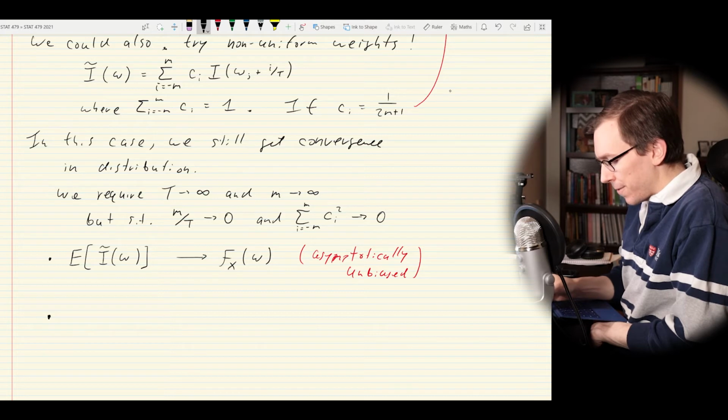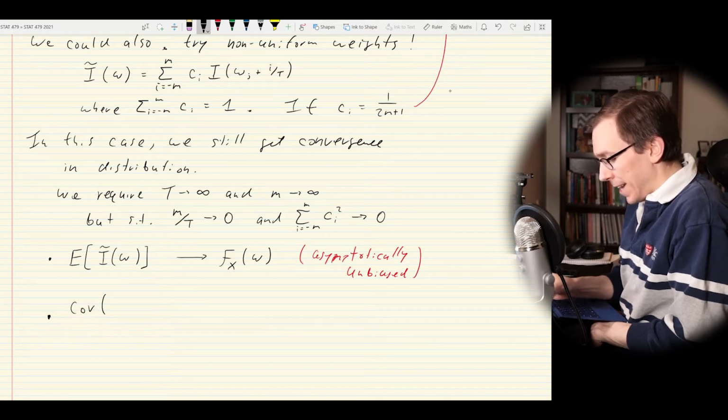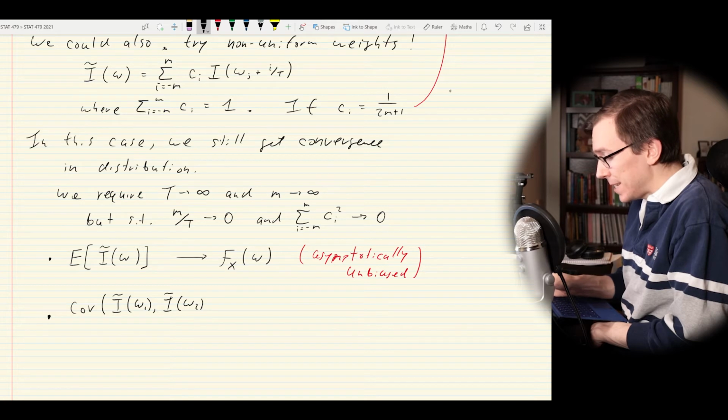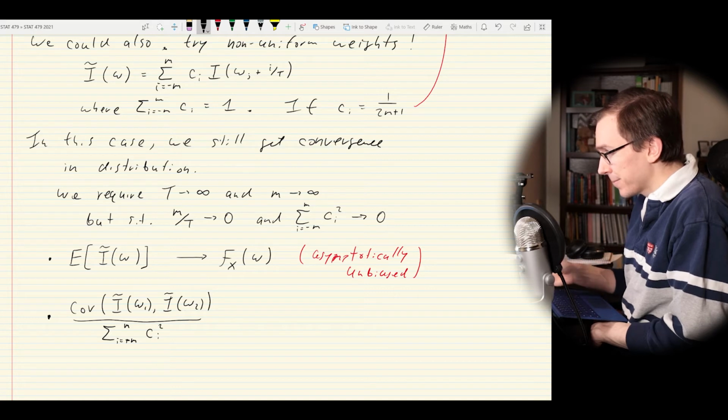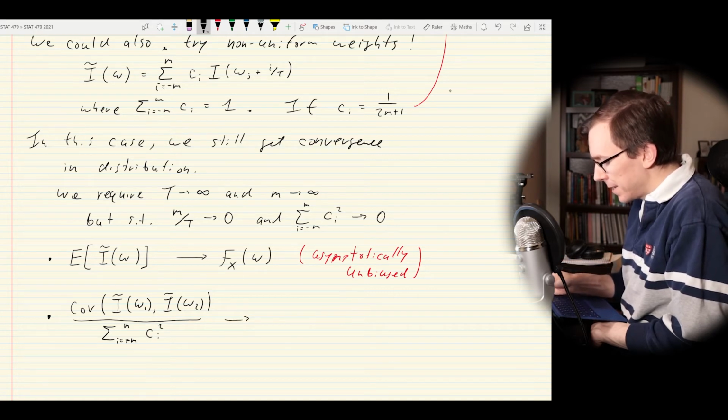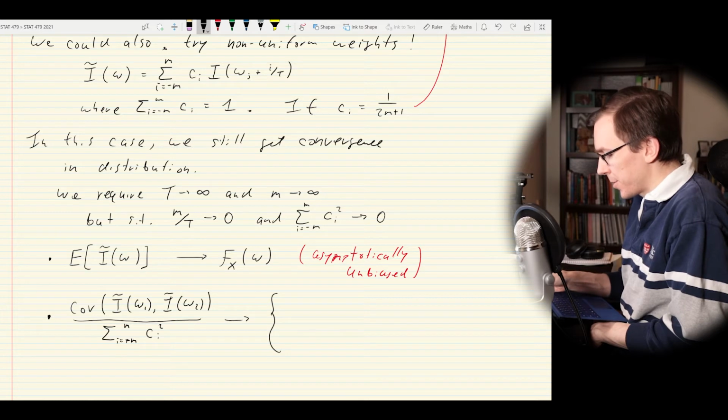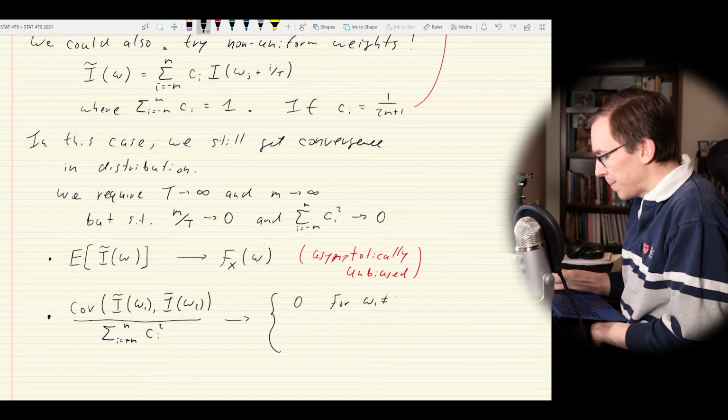Furthermore, if we look at the covariance of our I tilde omega 1 and I tilde omega 2, so if we have two different frequencies and we compute their covariance and we normalize this whole thing by the sum from minus m to plus m of ci squared, then in the limit, this is going to converge to 0 for omega 1 not equal to omega 2, which is good.